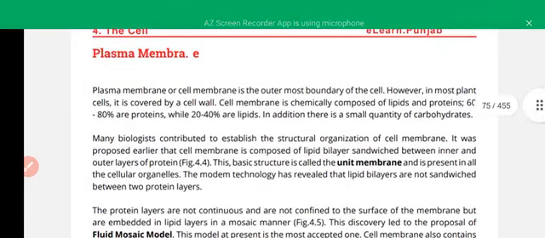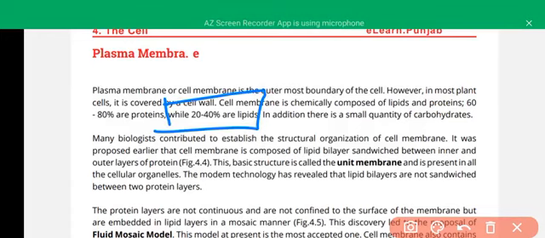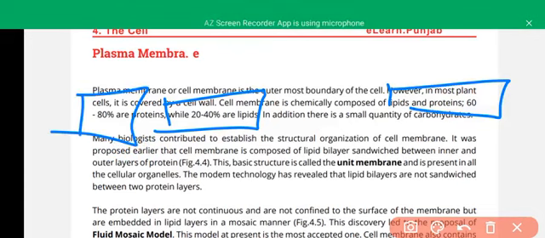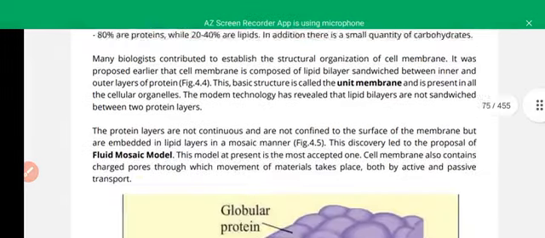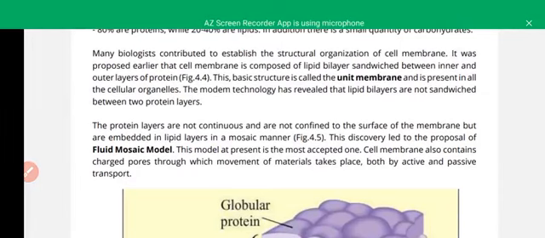The structure of the plasma membrane is composed of lipids and proteins. Lipid is composed of 20 to 40% and protein 60 to 80%, and a small amount of carbohydrate is also present, attached with the proteins or lipids. Many biologists contributed to the structure of the plasma membrane, and the unit membrane model and fluid mosaic model are the most important.